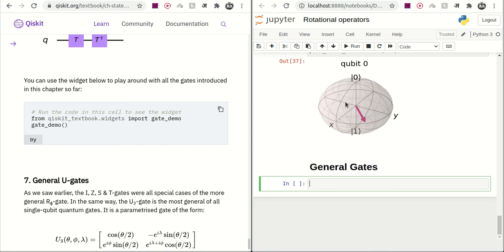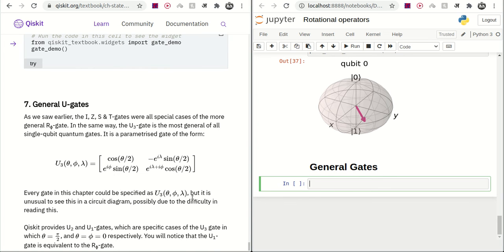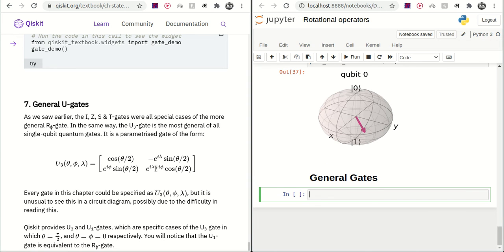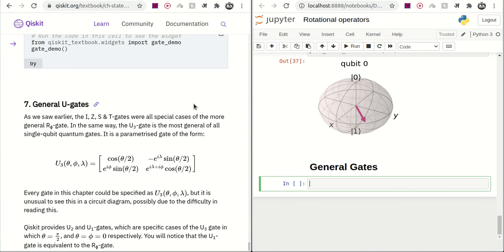Gates applied to a state like this are called unitary. If they are multiplied with their dagger, they give the identity matrix.